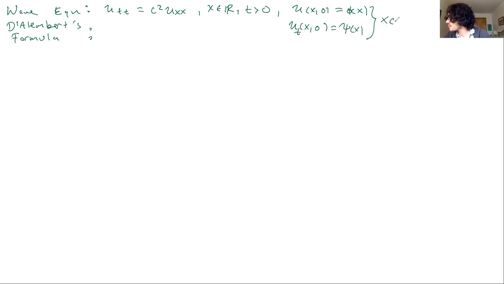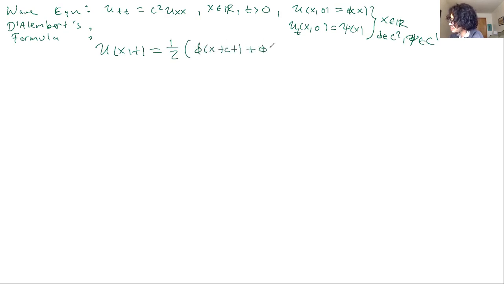And these are defined on R, and phi is C2, and psi is C1, so that we have a classical solution.